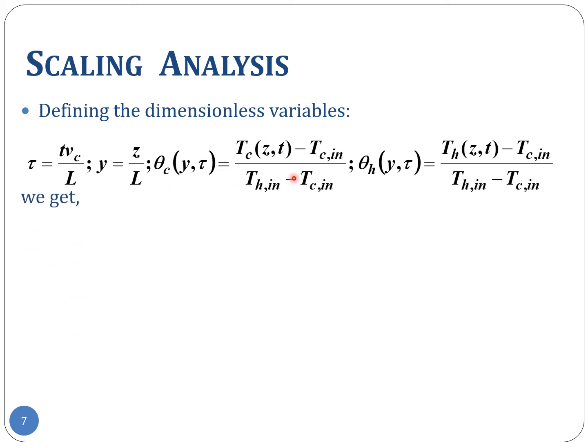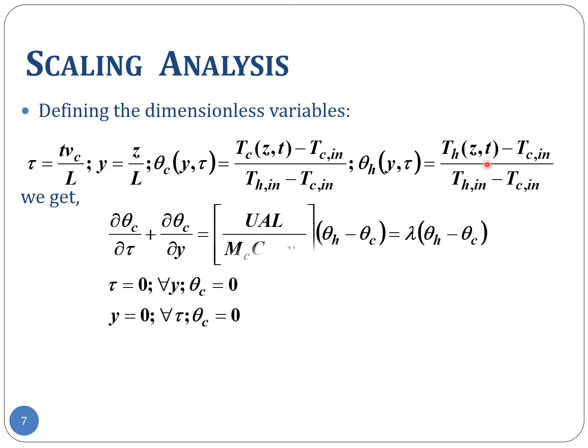So we get t is equal to L by Vc into tau, so dt is L by Vc into d tau. Similarly, z is L into y, so dz is L into dy, and so on and so forth. So the model equation, the equation that we derived from the shell energy balance, can be rendered dimensionless.